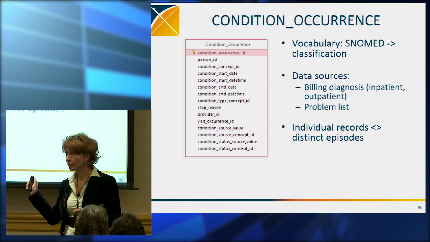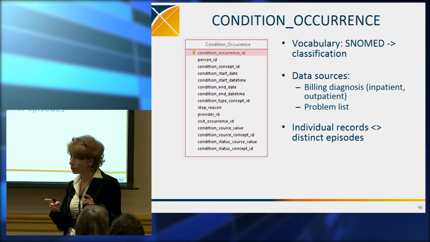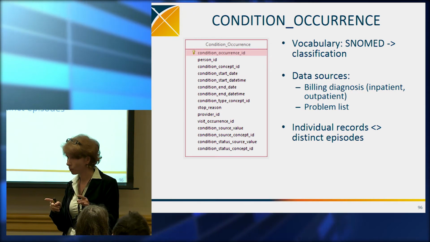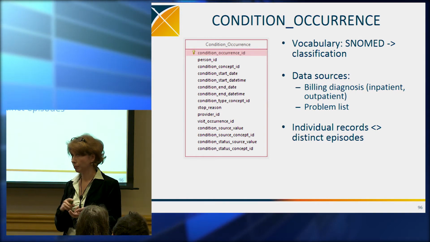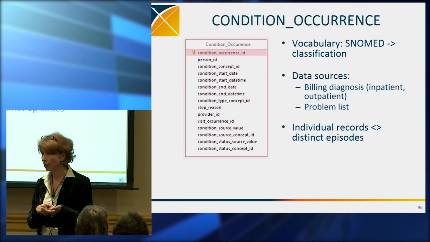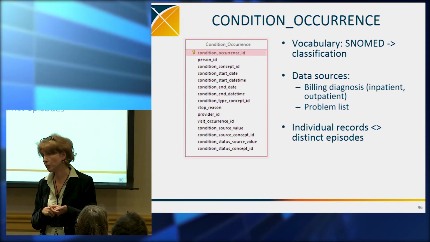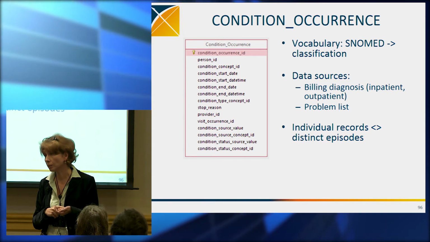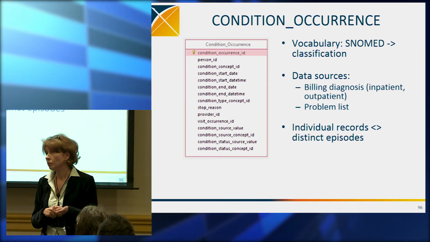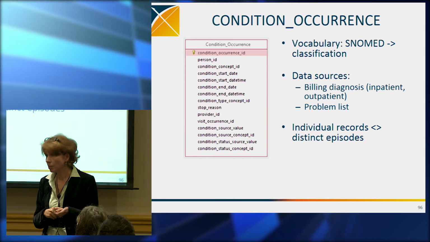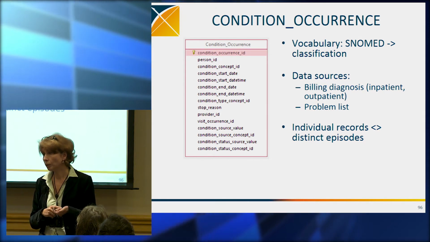We have added this stage at which diagnosis was assigned. There are admitting diagnosis, there are intermediate diagnosis, and there are final diagnoses that are normally associated with the final billing diagnosis. But if there are multiple diagnoses, yes, they will all go here.